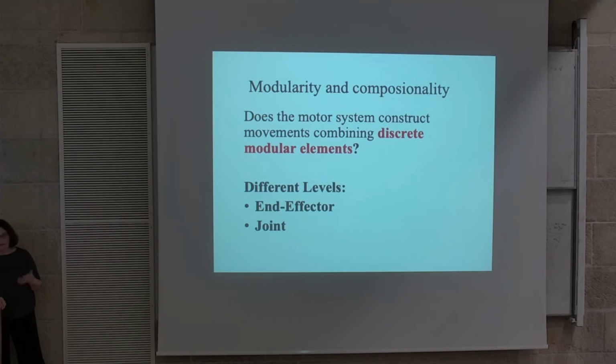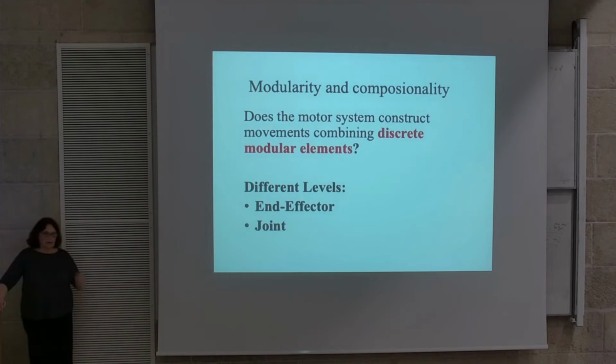but they don't talk about the actual execution of the movements. Now, there is a lot of work done in motor control trying to find the modules and the blocks of action that are important in the execution of movements.